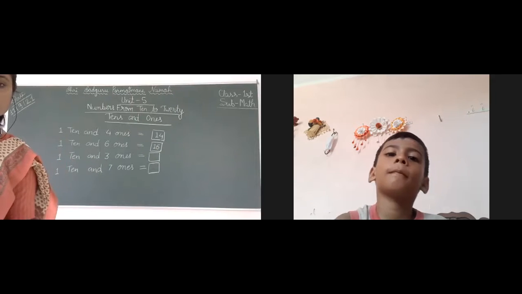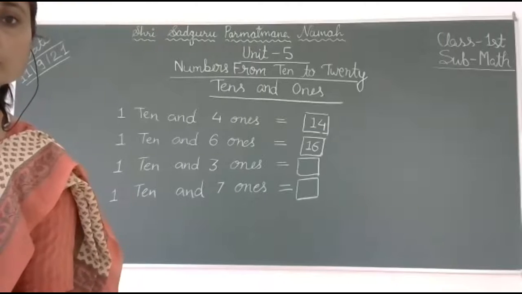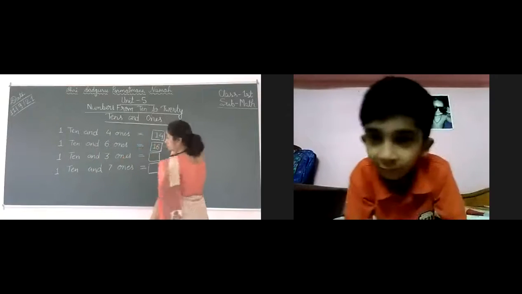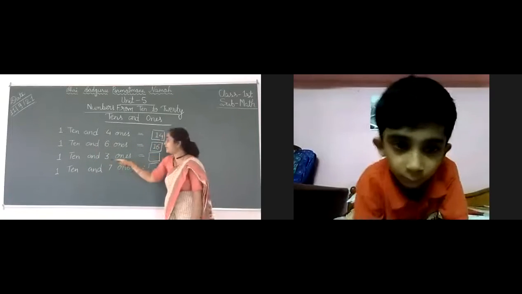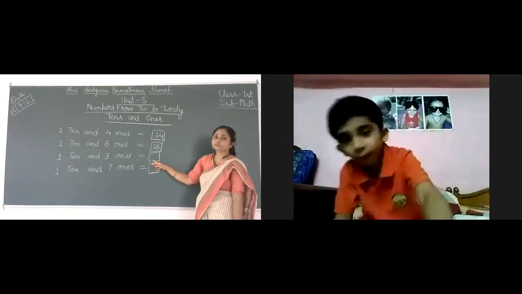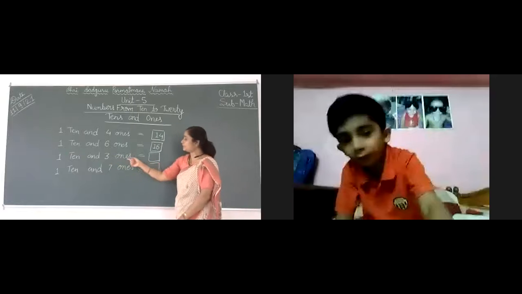Give me answer. Akshant, give me answer. 1 ten and 3 ones is equal to. You did not get it, I will tell you. 1 ten and 3 ones.